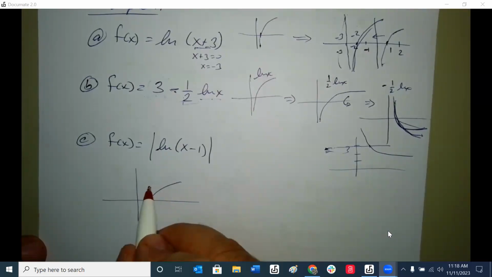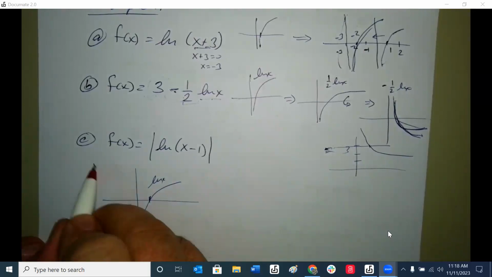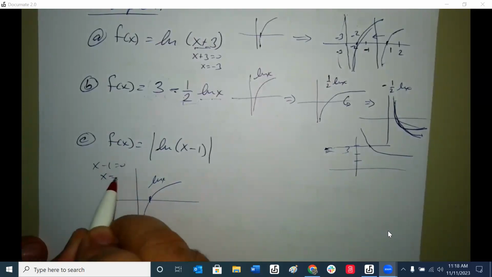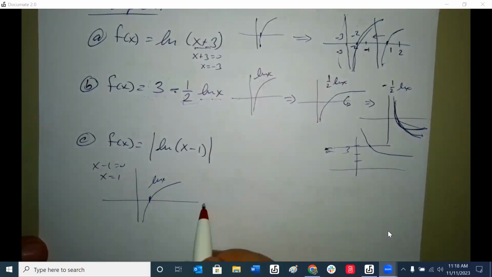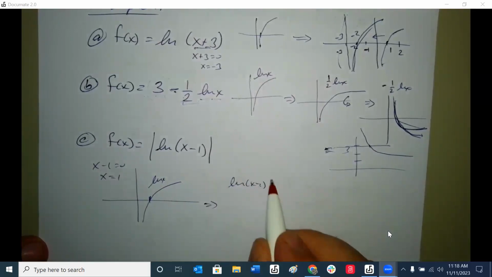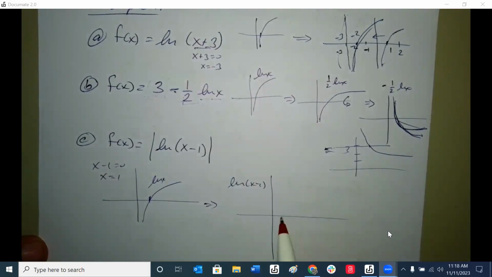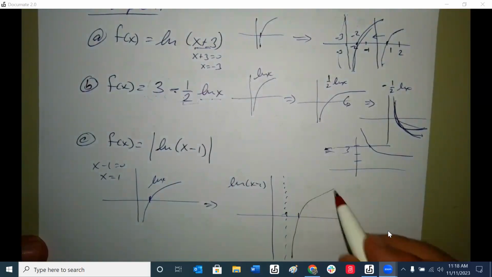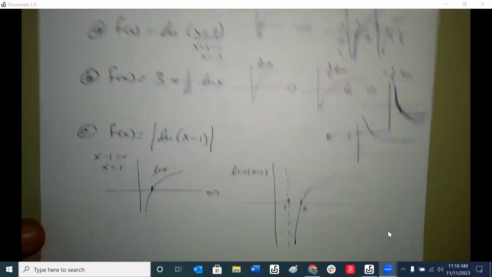So here's the original ln x. It crosses at 1. X minus 1 equals 0, so for ln of x minus 1, it shifts the graph. Now it crosses at 2.